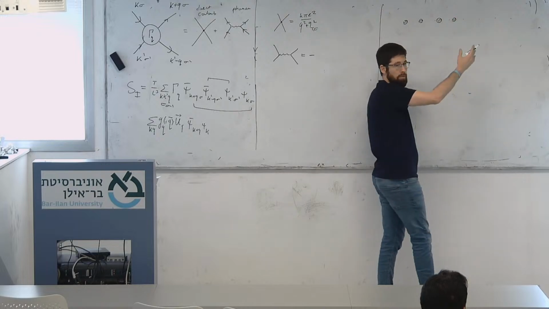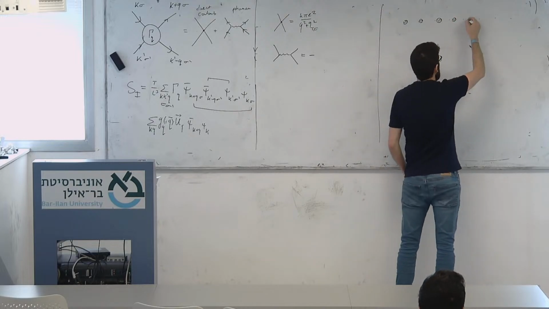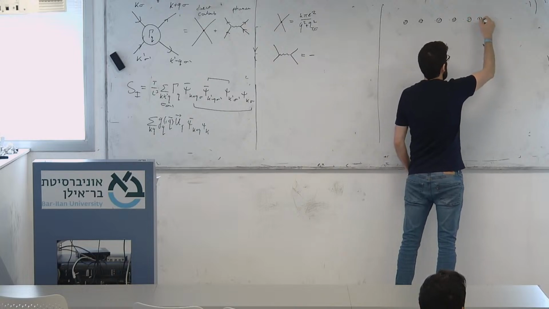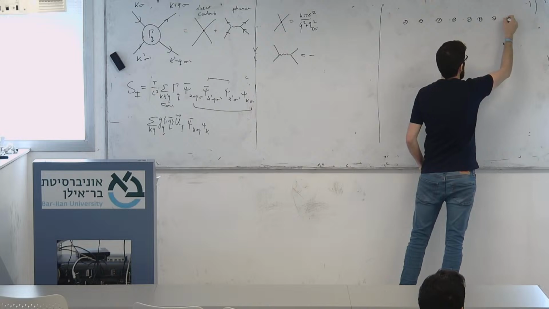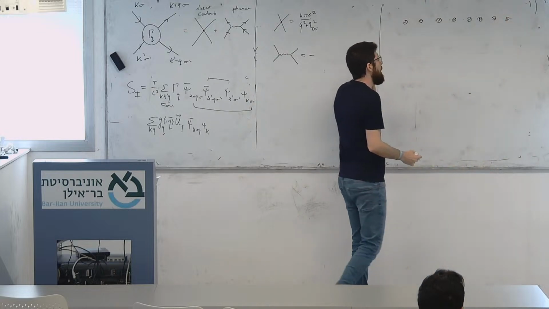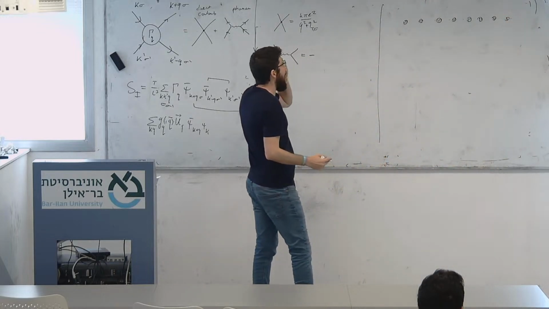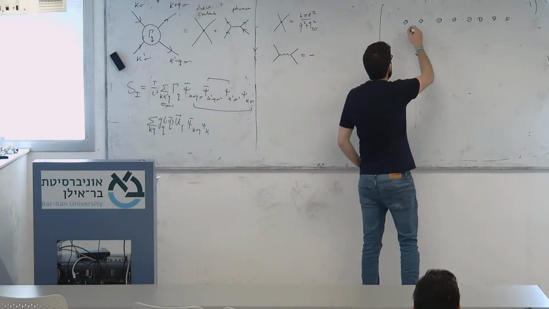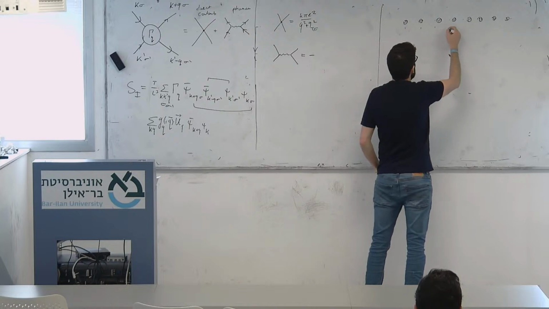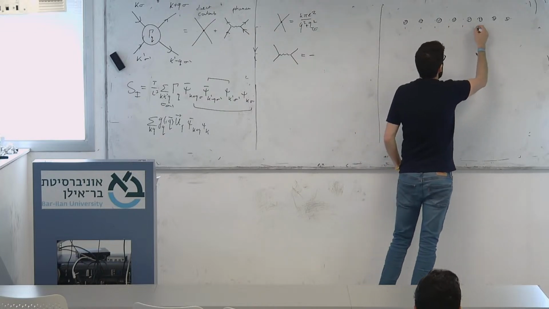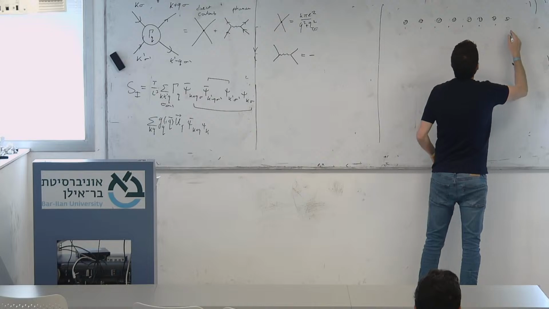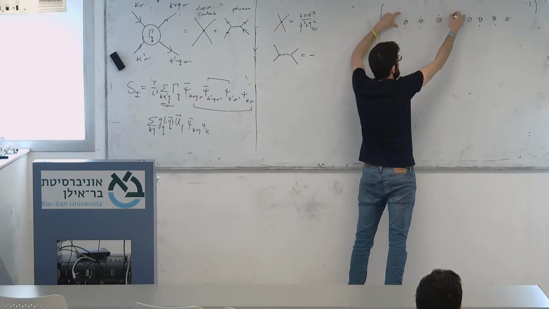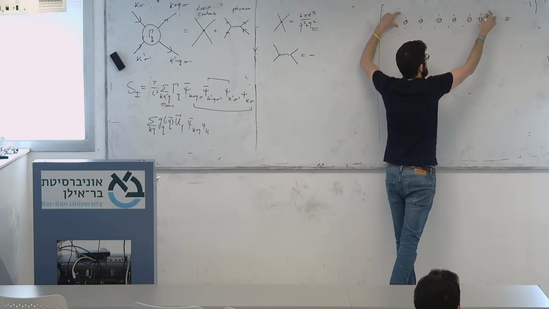Now I start to shift the other way around, so I take it back, back, back, something like this. So you can see clearly that the actual distances between the particles are smaller.